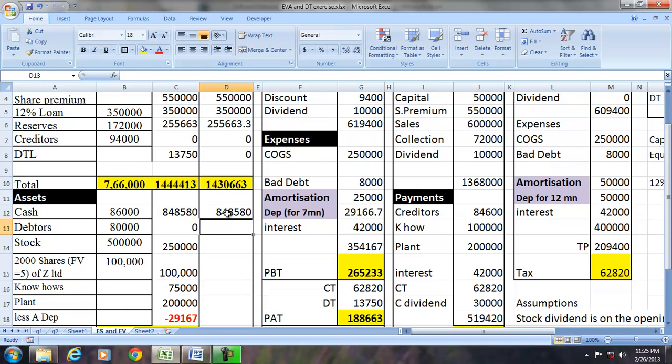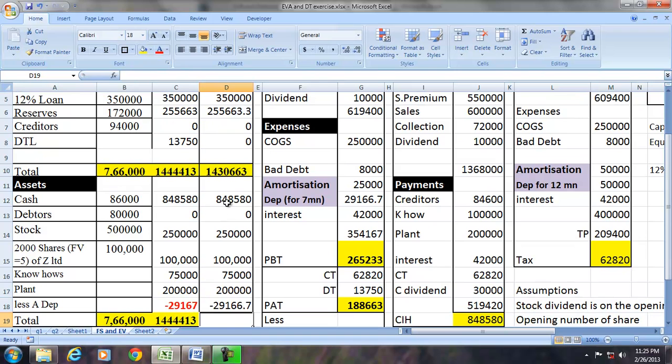No change on the asset side, no change on the cash, no change in the debtors, no change in the shares, no change in the know-how, no change in the plant, no change in the accumulated depreciation. So the summation of this will be the assets. We can see the difference is because the deferred tax liability was not recognized.